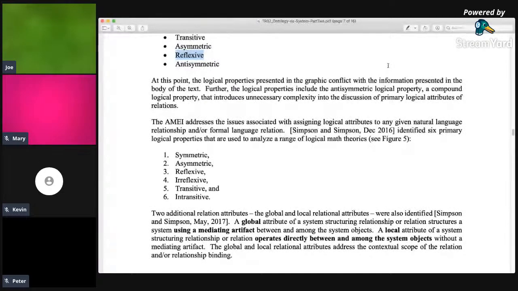And it becomes very confusing. And the AMEI addresses these issues by charting out 27 different logical groups and talking about these relationships and what they could mean. And so it's a way that the AMEI helps decrease uncertainty and therefore decrease complexity.